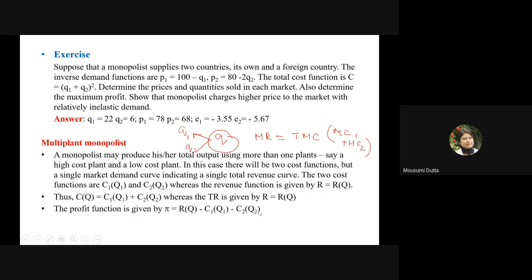So let me know whether you are understanding this profit equation. Is it okay?